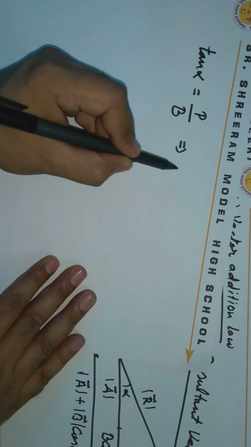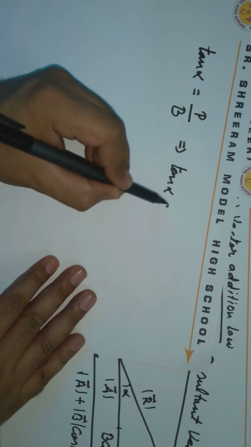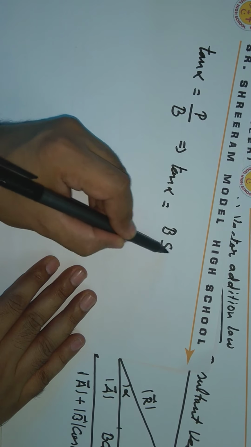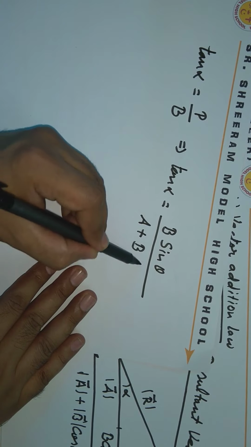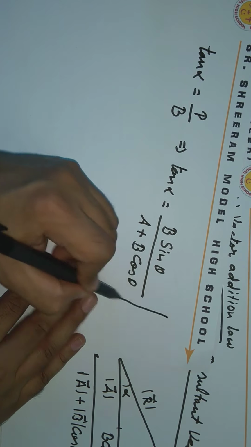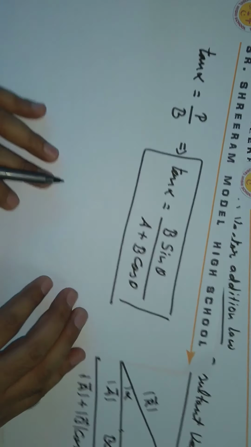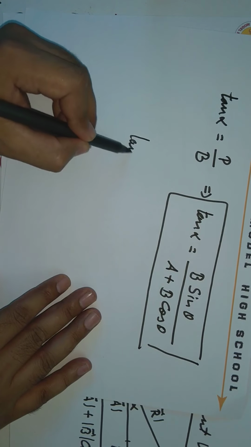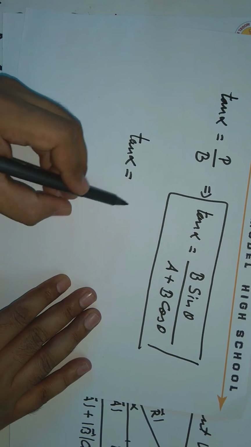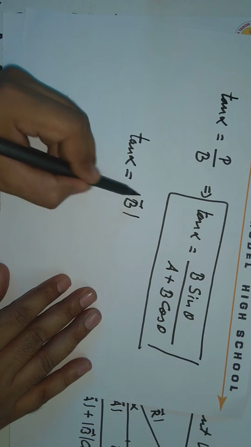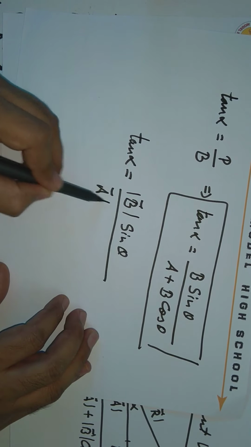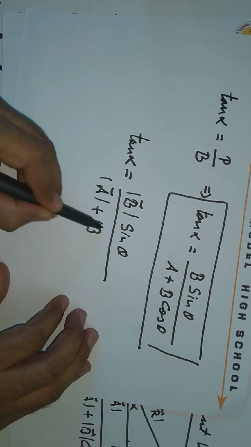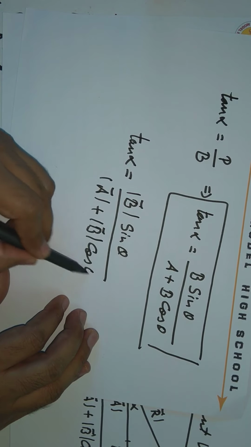So tan alpha is equal to b sine theta divided by a plus b cos theta. Or in a more formal manner, you can write it as magnitude of b vector sine theta divided by magnitude of a plus magnitude of b cos theta.